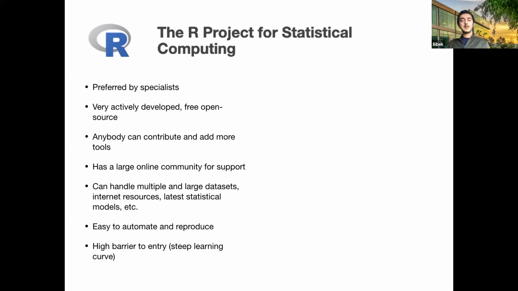So since R is a tool preferred by specialists, if you want to do specialist tasks, you'll have a big advantage if you know R. And it is a very actively developed software, meaning that every day and every hour even, there's new code, new analysis tools, new visualization techniques being integrated into R. So you are getting all this bleeding edge technique for free.